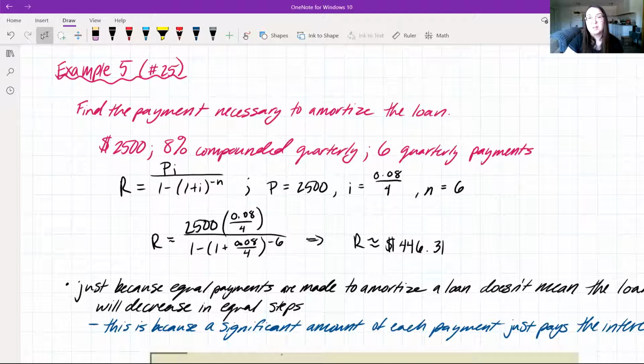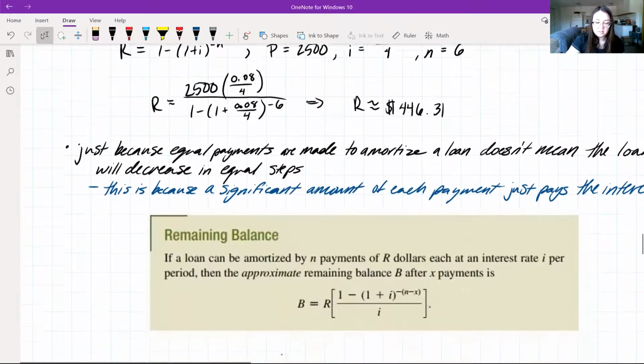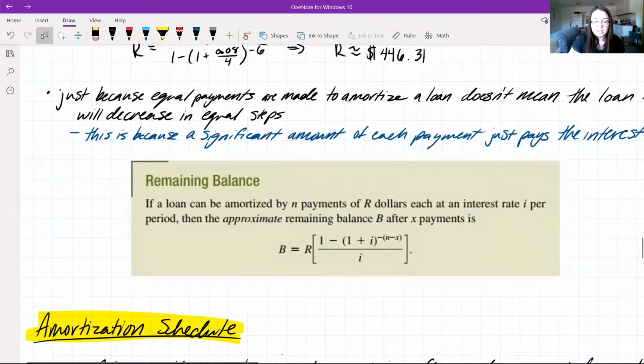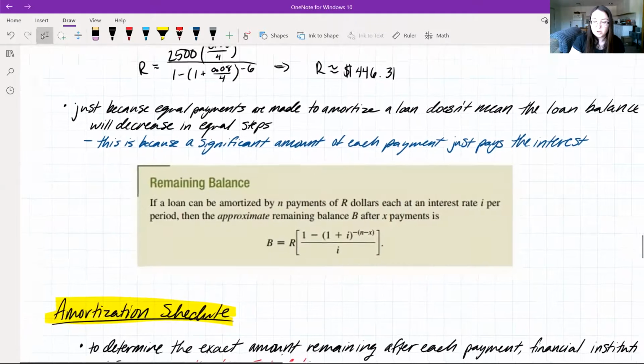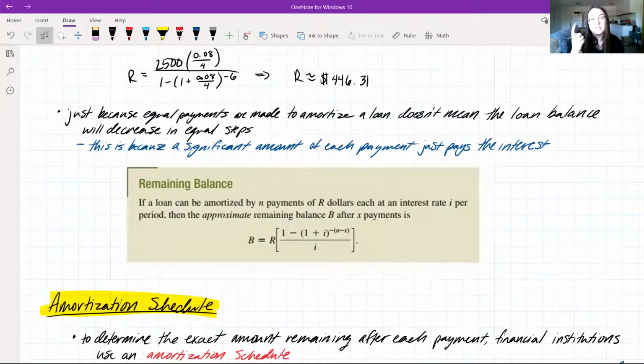See, we're paying the principal and the interest, so it's going to be more than an even split. So just because equal payments are made to amortize a loan doesn't mean that the loan balance will decrease in equal steps. And this is because a significant amount of each payment just pays the interest. So you're not going to be paying the exact same amount every single time. You're going to be paying based on the interest that you had gained.